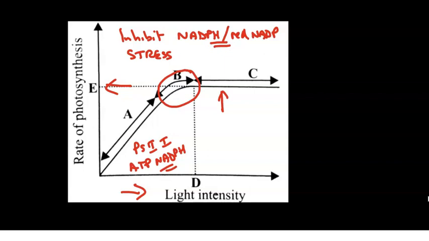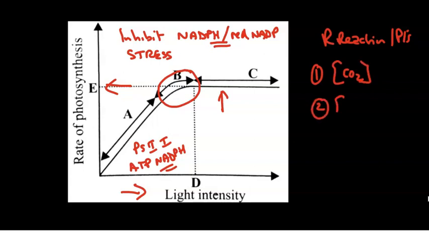And so in the consideration of the rate of reaction for photosynthesis, we need to combine a number of factors. There's the carbon dioxide concentration, there's the temperature, and we could also take a look at the light intensity.